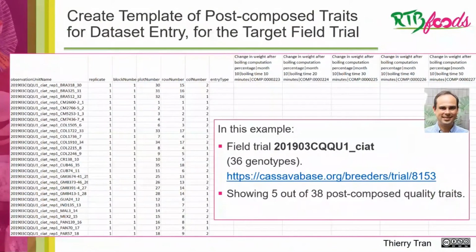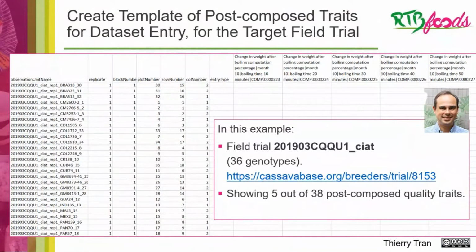Here we have a template to upload post-composed traits for a trial. The trial is stored in CassavaBase with 36 genotypes, and there are 38 post-composed traits associated to this template.